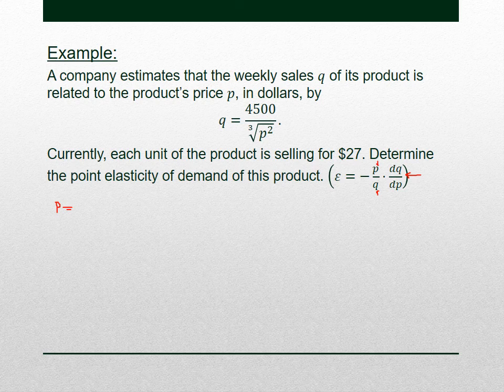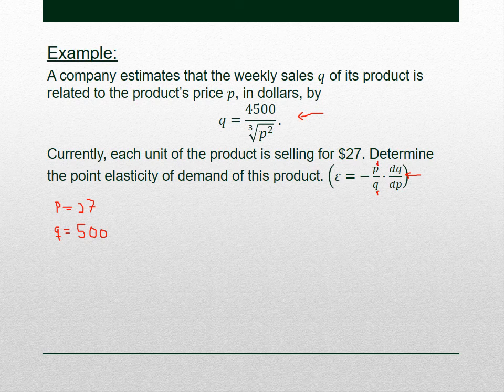We're given that currently the price is $27, so P is 27. We need Q when P is 27. So we take this equation for Q and plug in P equals 27. I'll let you try that on your own. Pause the video if you need a second. I got Q is 500.